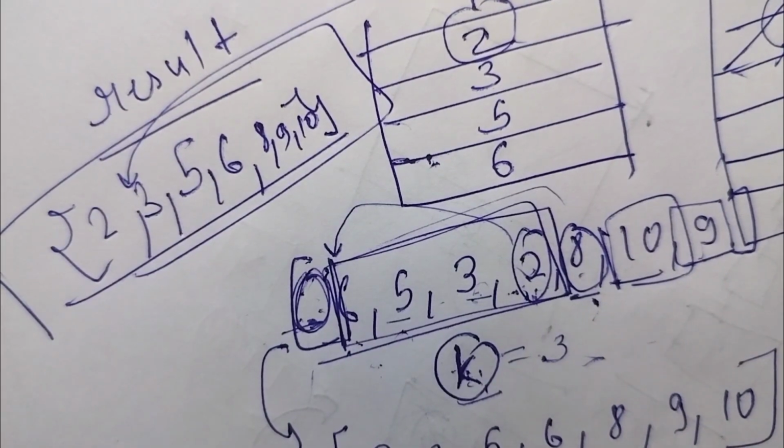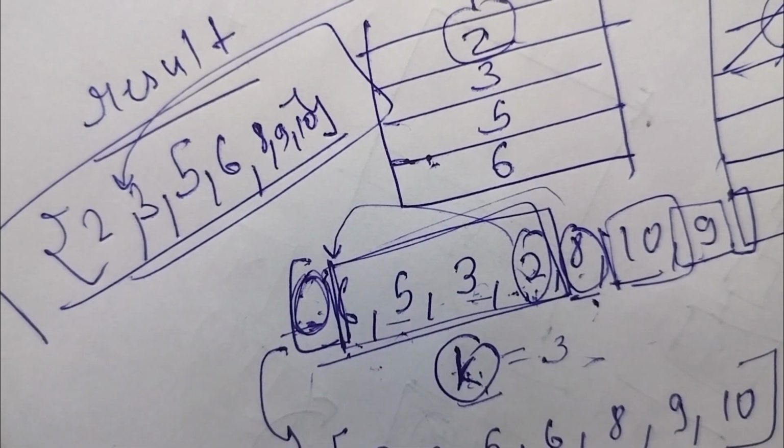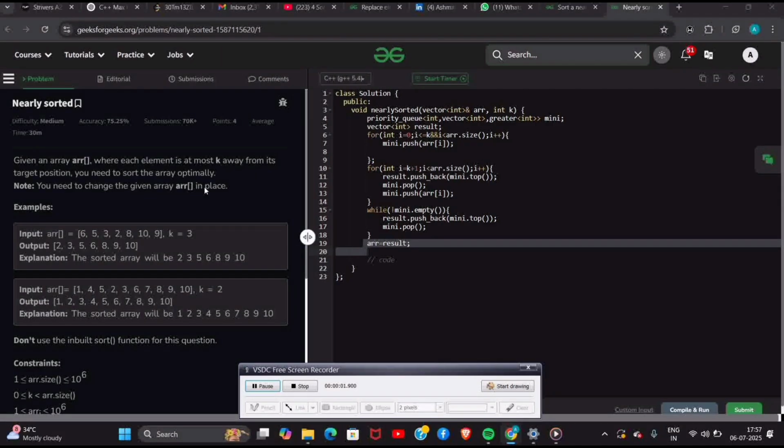Now we will move to the coding solution and see how to write the code and run all the test cases. This is the question, nearly sorted array, and I have already written the code. First of all, I took a priority queue with greater<int>, which tells the compiler that we are using a min heap.